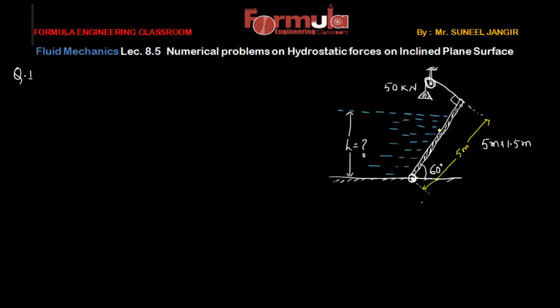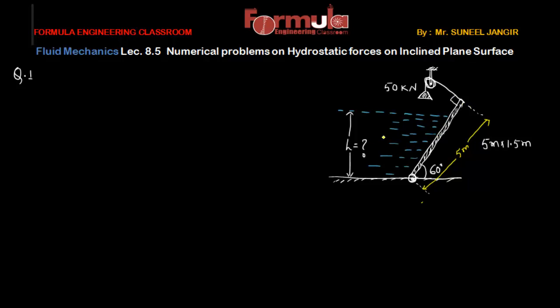As the water height rises, the hydrostatic force increases, and at one particular height the moment due to this force is just balancing the moment due to the weight. After which, if the height increases, the force increases and the gate will start to fall.